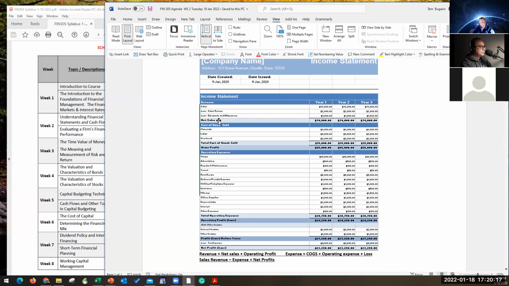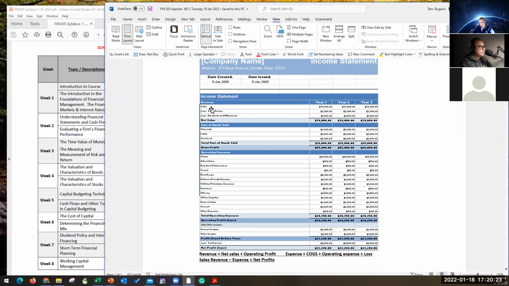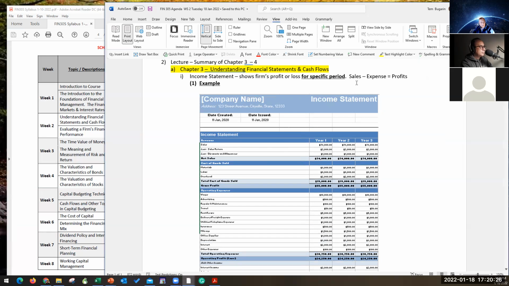Sales, returns, discounts, and allowances. This is the income statement, and it is for a very specific period. And one of the things about an income statement is that sales minus expenses must equal profits. You can get that information from an income statement.